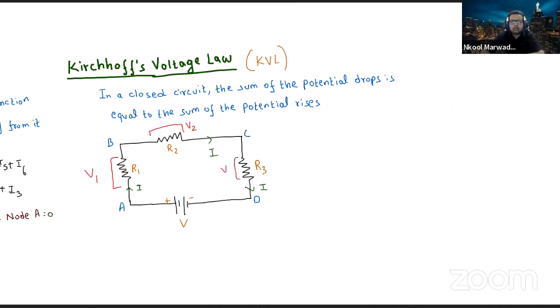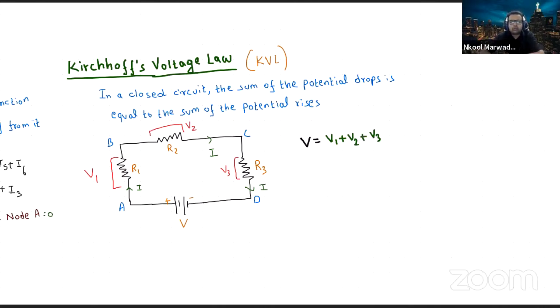And what Kirchhoff's voltage law says is that the total potential will be distributed among the entire circuit. It means that the total potential drop, which is V1 plus V2 plus V3, has to be equal to the total potential difference supplied by the battery.